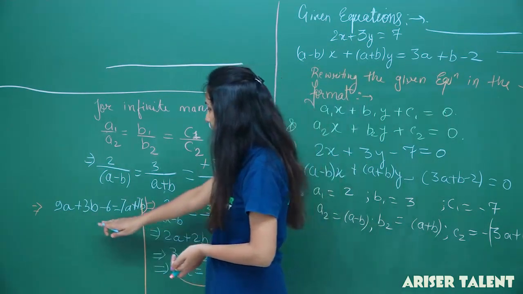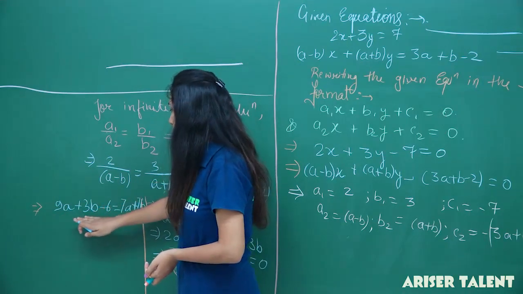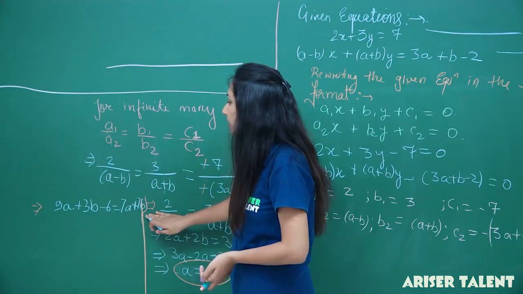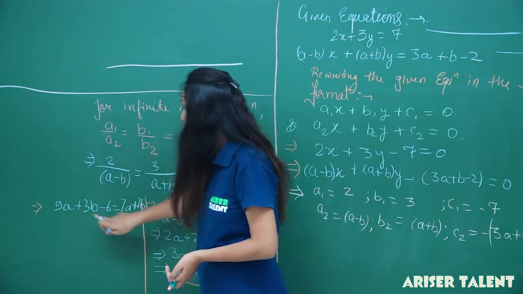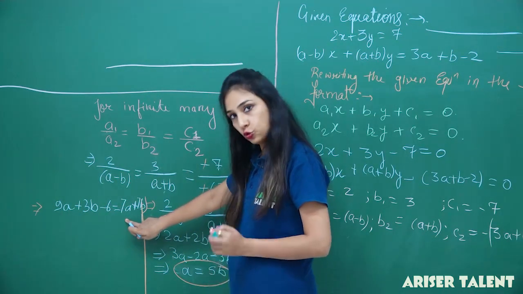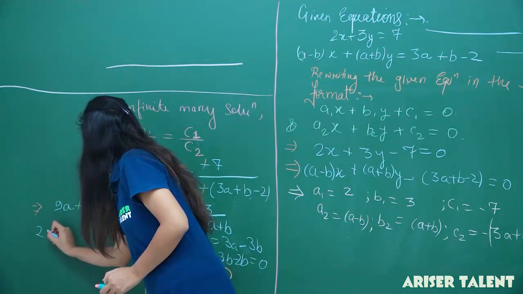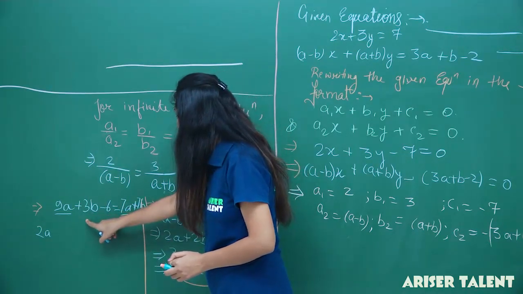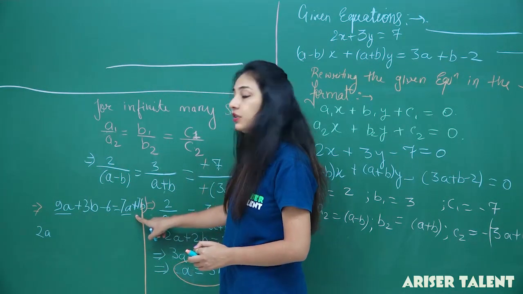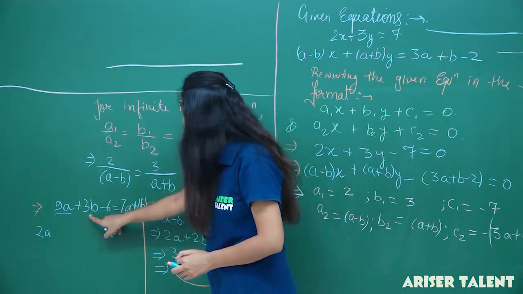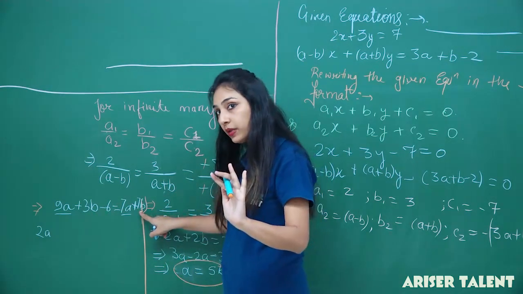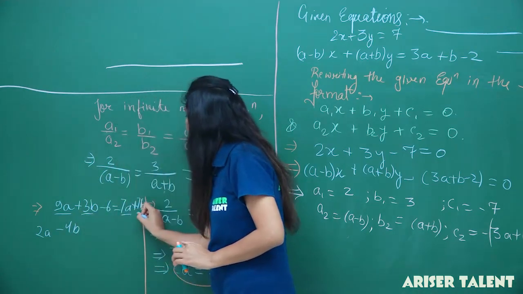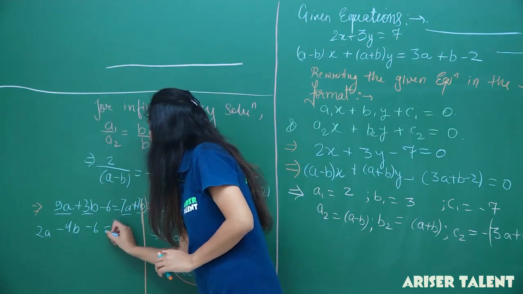So this implies that this is 9a plus 3b minus 6 equals 7a plus 7b. Now 9a minus 7a is what? 2a. I have covered this term and this term. Now 3b minus 7b is equal to what? Minus 4b. Covered that, minus 6 equals 0.